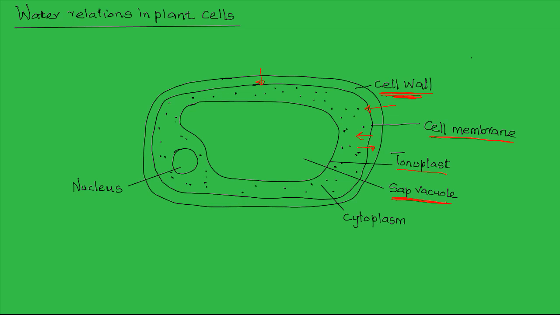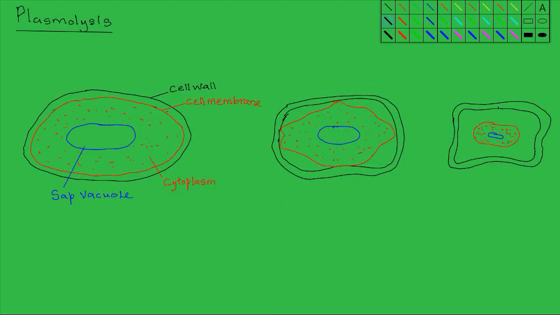If a plant cell is placed in a hypertonic solution, that is one that has a higher solute concentration than the cytoplasm and the subvacuole concentration, then water molecules will move from the cell by osmosis into the hypertonic solution.